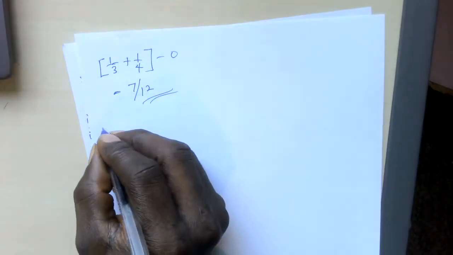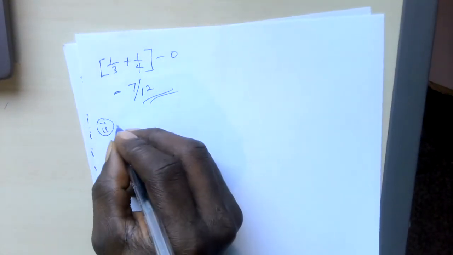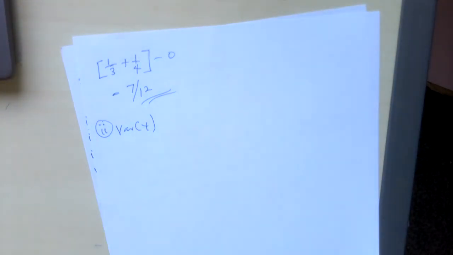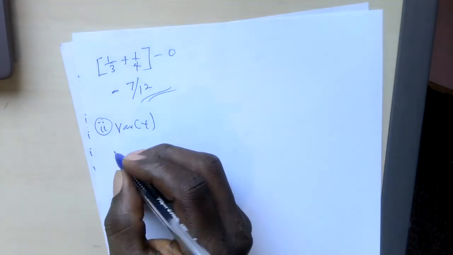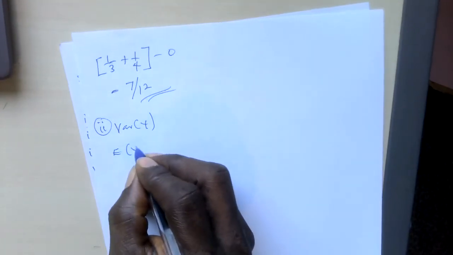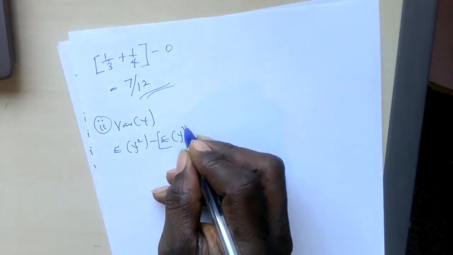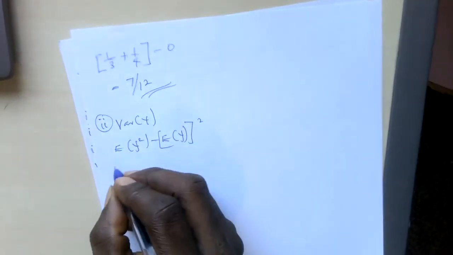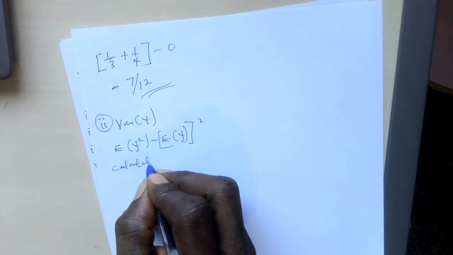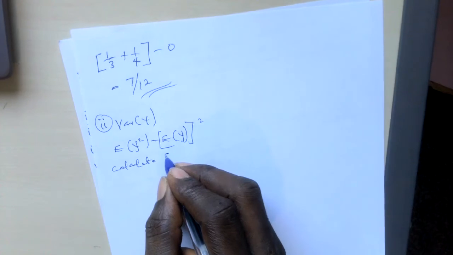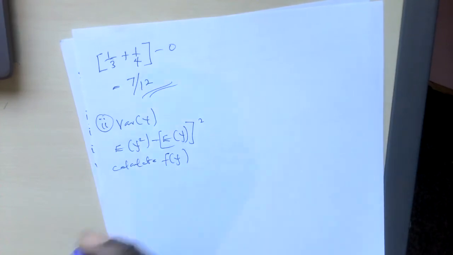So the variance of y. Now, the variance of y we know is the expected value of y squared minus the expected value of y all squared. So calculate f of y first. We need to get f of y first.